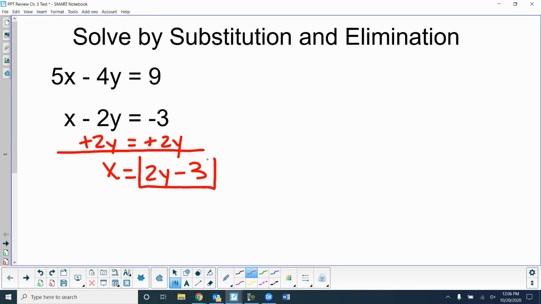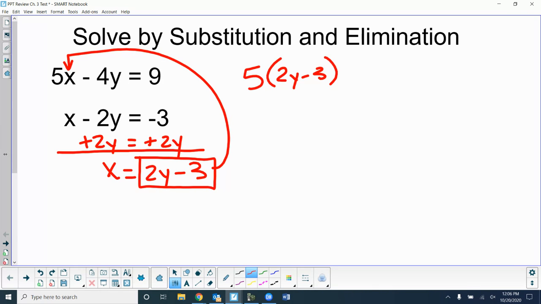So I'm going to take this and put it in for x in the other equation. Okay? So don't forget about the 5. Some of you have been forgetting about the coefficient in front of the x or the y, whichever one you're substituting for. And you put 2y minus 3 in place of the x, and then the minus 4y equals 9.